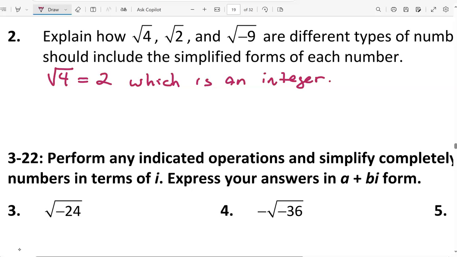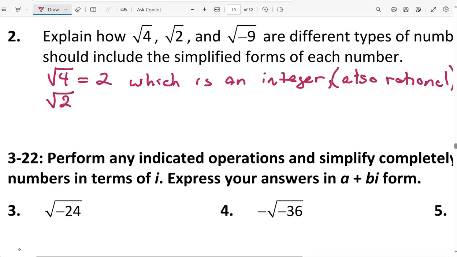It is a natural number, so it fits into all of those categories, and it's also a rational number. And a rational number is a number that can be expressed in fraction form with numerator and denominator that are integers. So this can be expressed in the form 2 over 1.